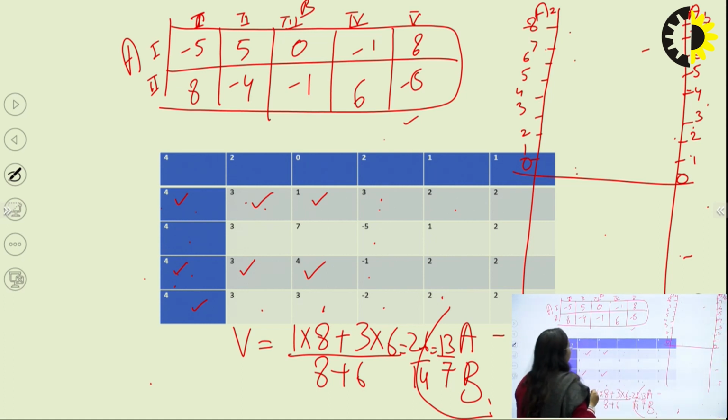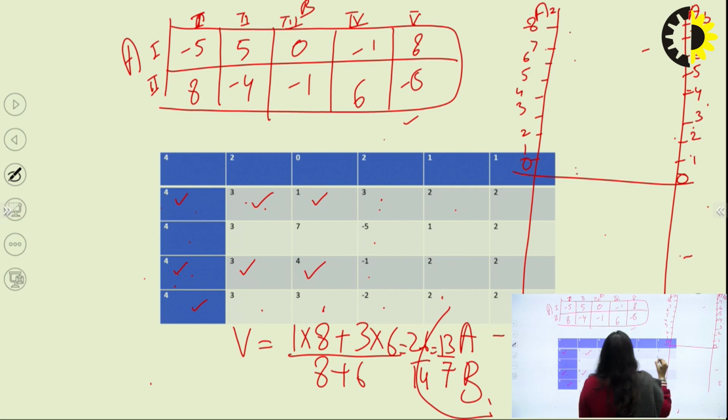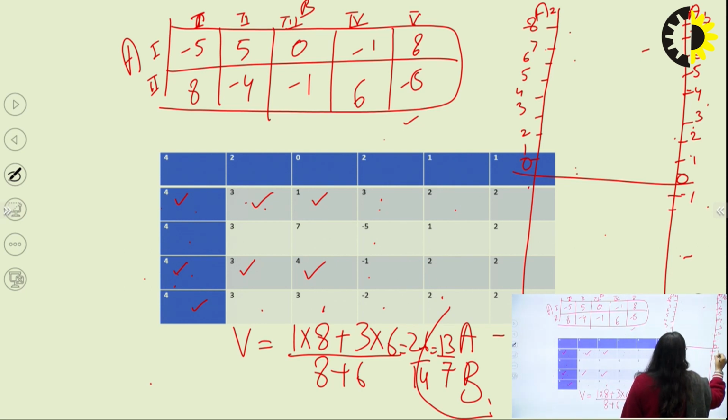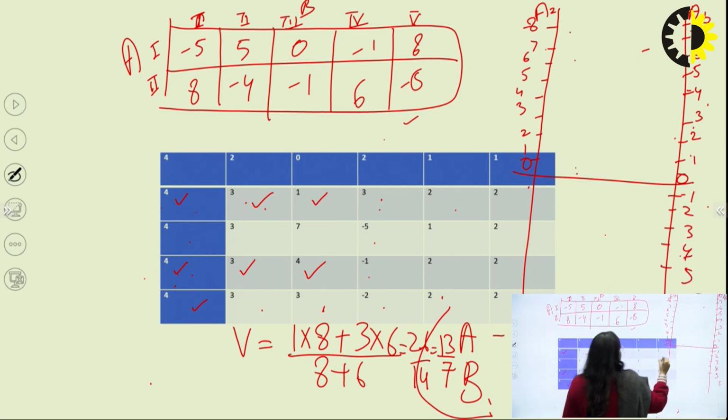Similarly in negative, the minimum is minus 5: minus 1, minus 2, 3, 4 and 5. Here also 1, 2, 3, 4 and 5.